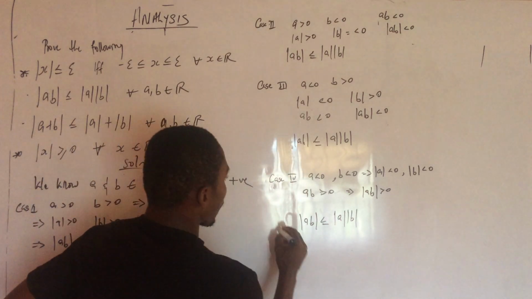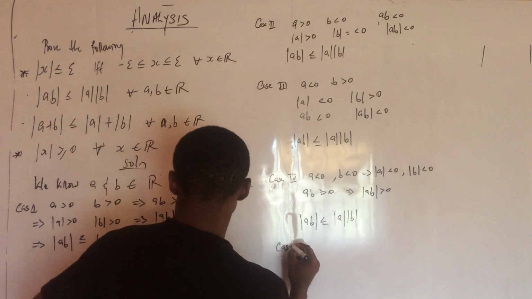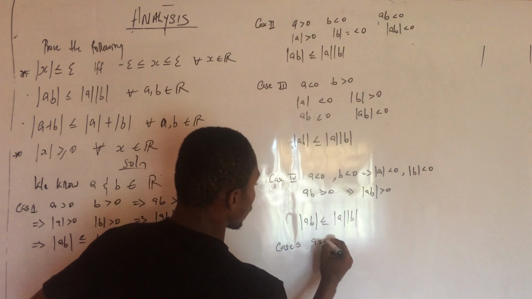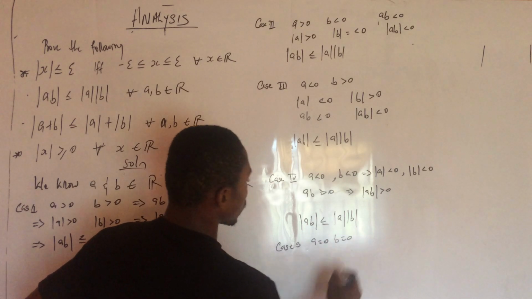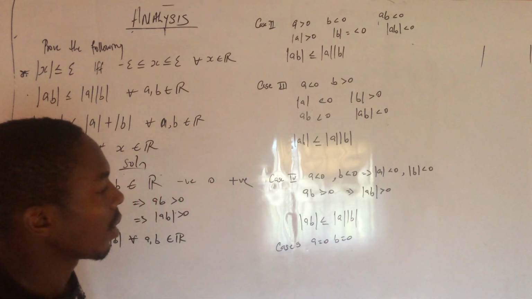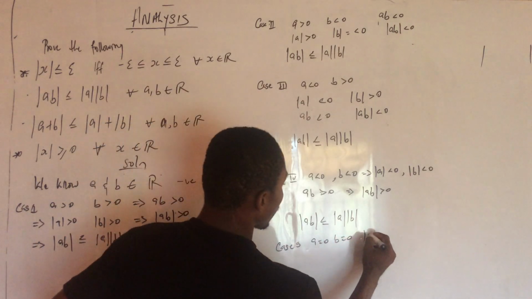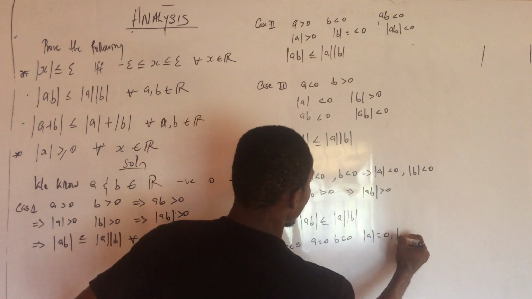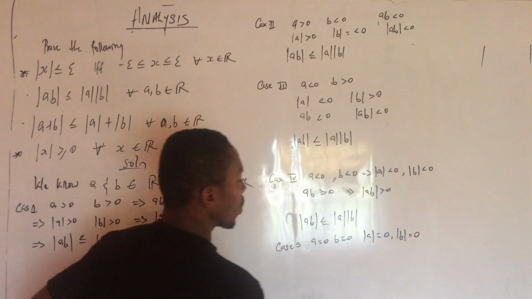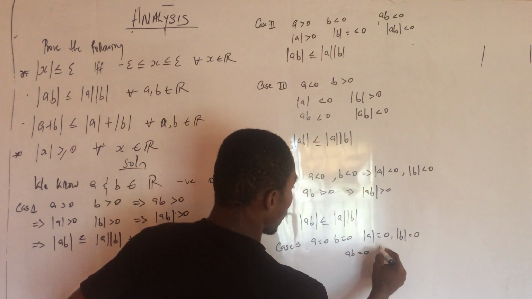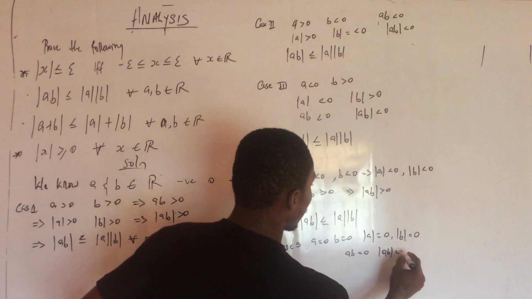So let's consider case 5. Case 5, where A is equal to 0, B is equal to 0. So absolute value of A equals 0, absolute value of B equals 0, and AB is equal to 0, and the absolute value of AB is equal to 0.